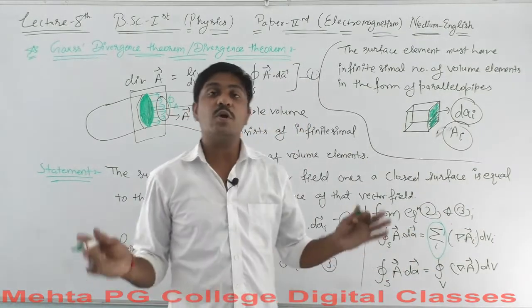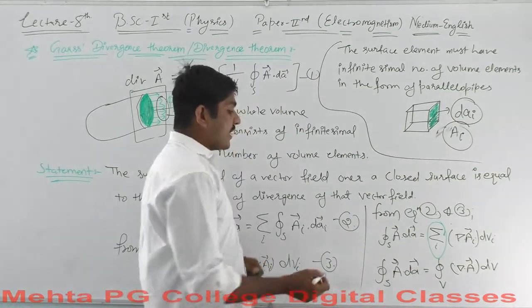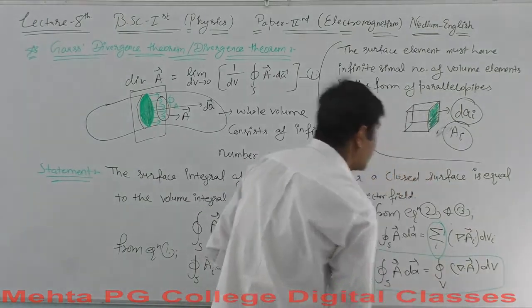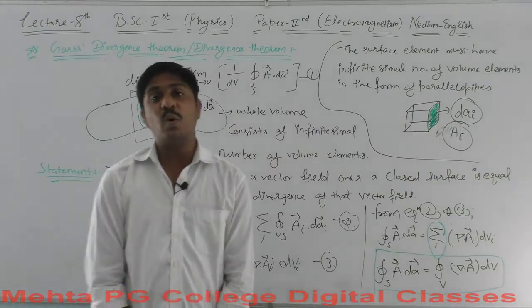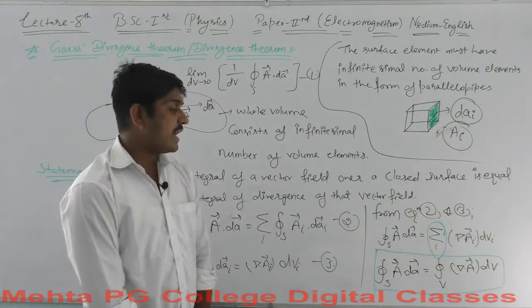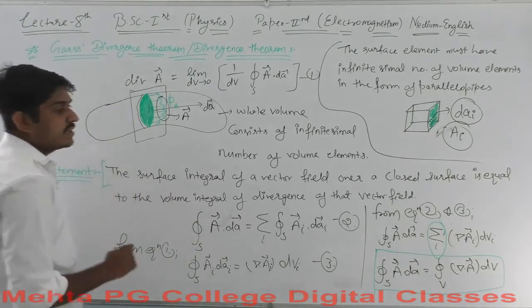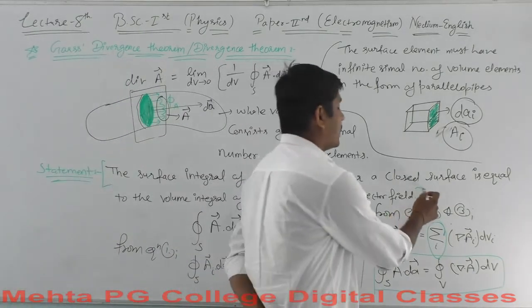Last but not least, we got our mathematical approach here. This is what we are supposed to end up with. We end up with the same statement we have written over here. We have proved its mathematical form.